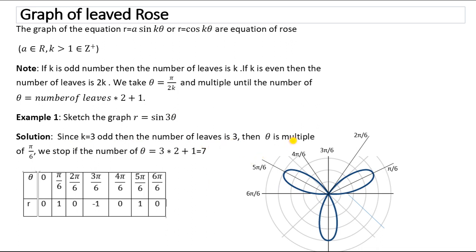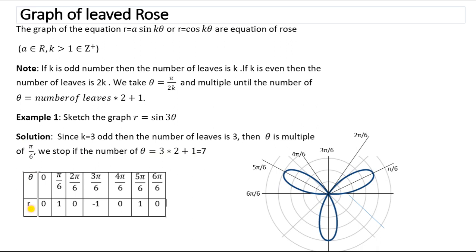Theta is a multiple of pi over 2k, pi over 2 multiplied by 3, 6. Then theta is a multiple of pi over 6. We stop when the number of theta, number of leaves 3, multiplied by 2 plus 1 equals 7. Then the number of angles must be 7.